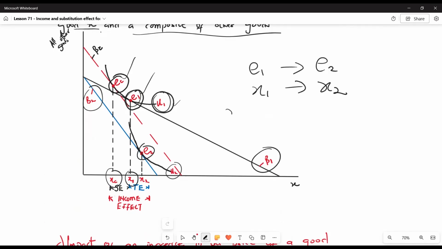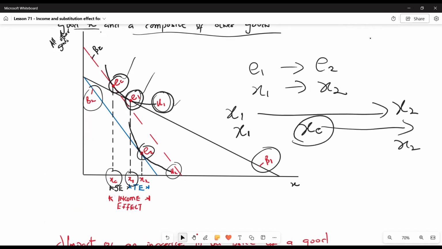So if we have a total effect of X1 to X2, and in between we have the substitution effect as the movement from X1 to XC, the income effect is therefore the movement from XC to X2.